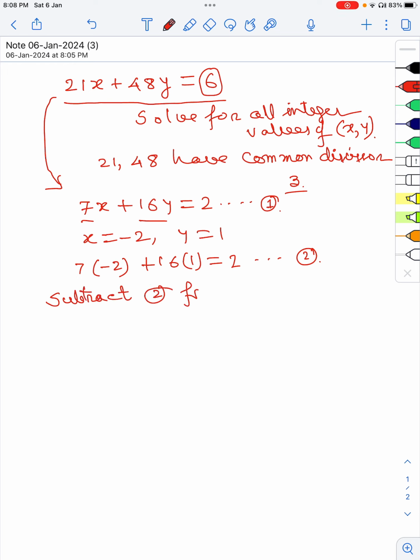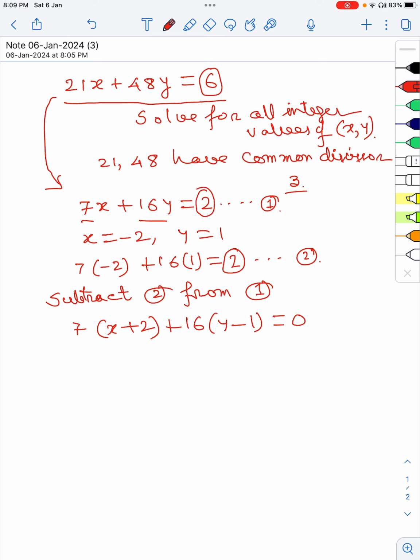Now we subtract equation number 2 from equation number 1. The coefficients are the same, 7 and 16, so taking 7 common we get 7 into x plus 2, and taking 16 common we get 16 into y minus 1, and 2 minus 2 is 0.